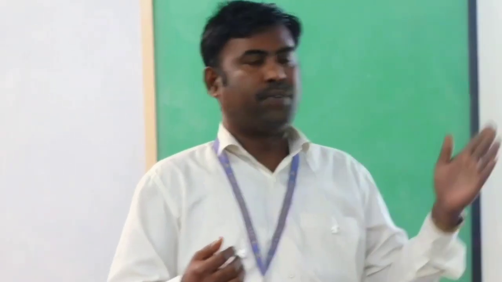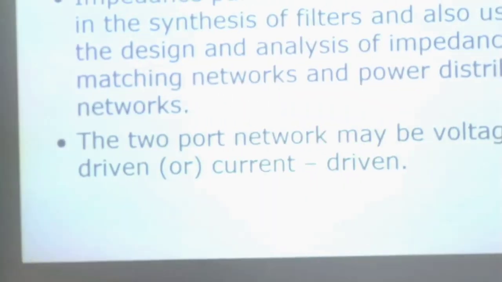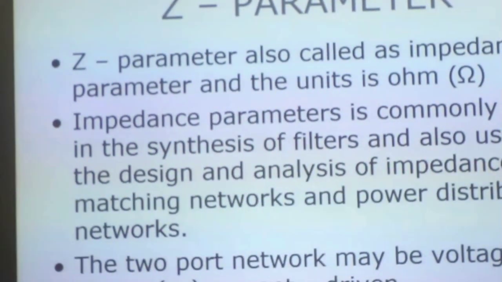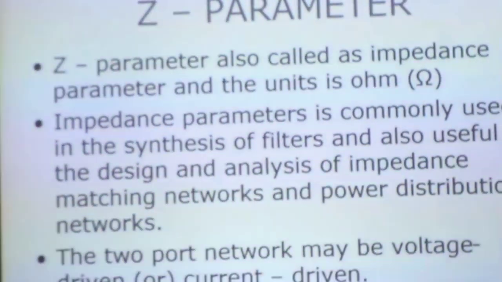So what are we going to do in impedance parameters? It is mainly used for synchronization purposes. Synchronization means, suppose you are sending some data from source to destination, the receiver receives the correct, error-free signals. Suppose the input impedance and output impedance of the system do not match, what will happen?